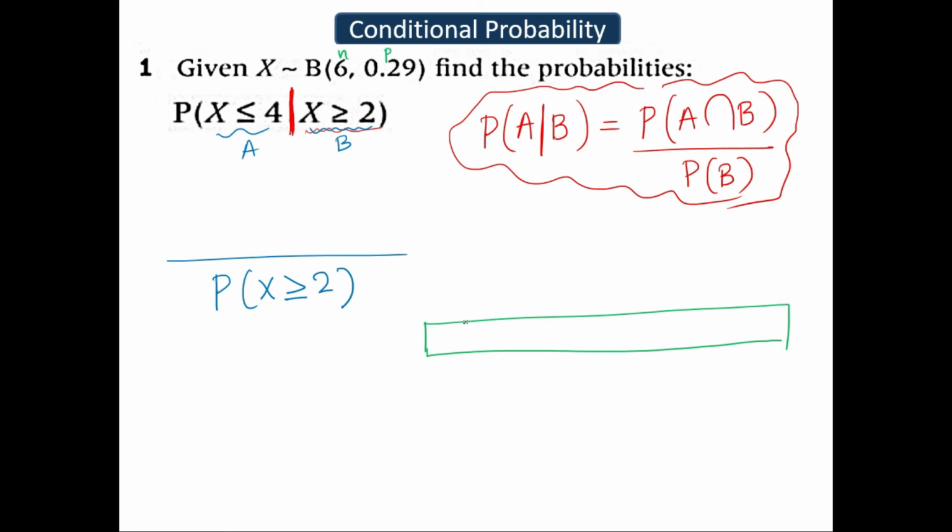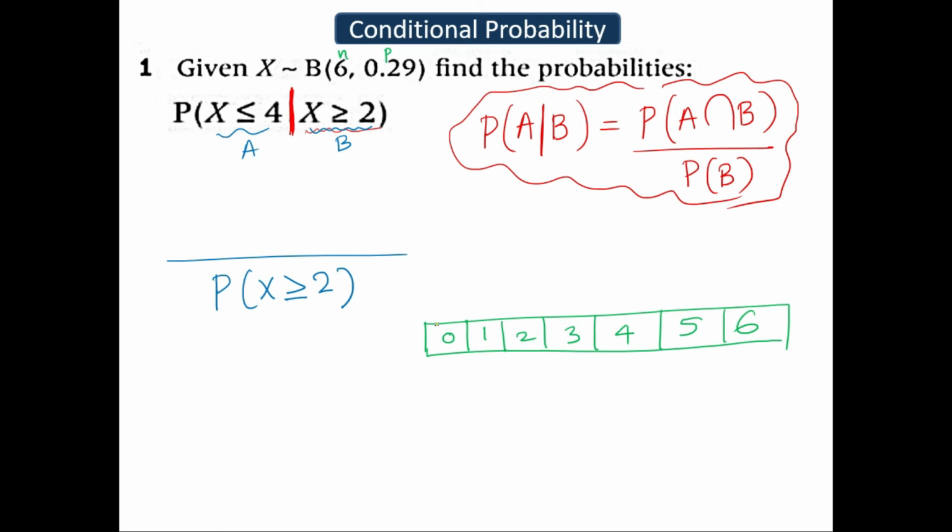Now N is 6, so you have 0, 1, 2, 3, 4, 5 and 6. And you're looking for a condition for the numerator where it is greater than or equal to 2 and at the same time less than 2.